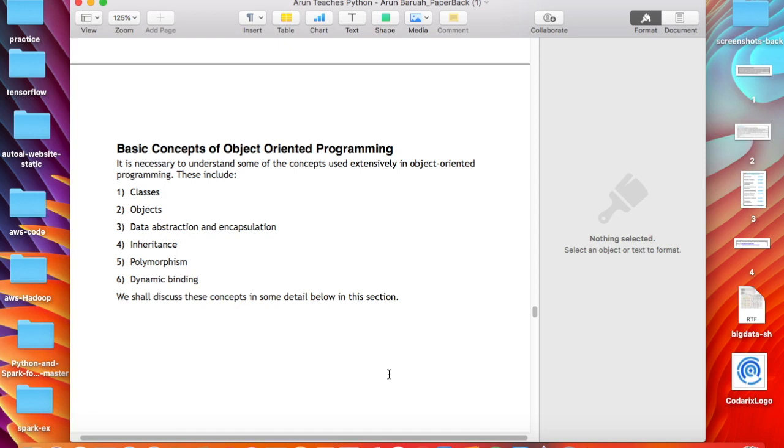These include classes, objects, data abstraction and encapsulation, inheritance, polymorphism, dynamic binding. So let us discuss these concepts now. And remember, you would definitely get some questions in interview from this part, object oriented programming. Okay, so you have to know the OOP concept very well when you appear in any interview.